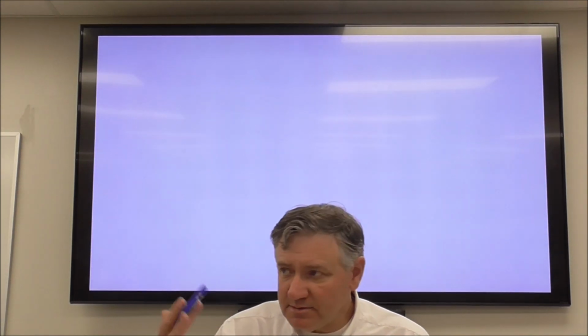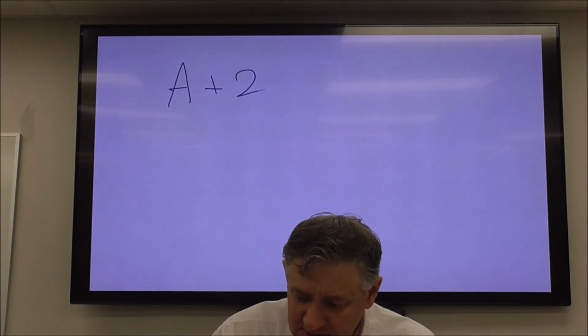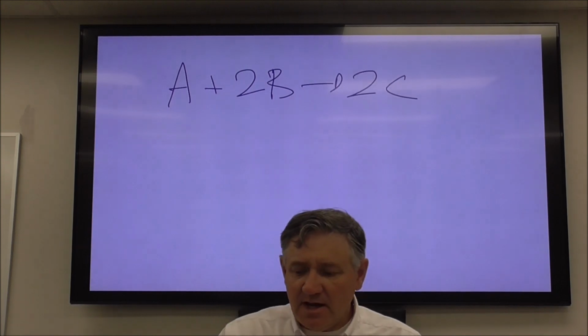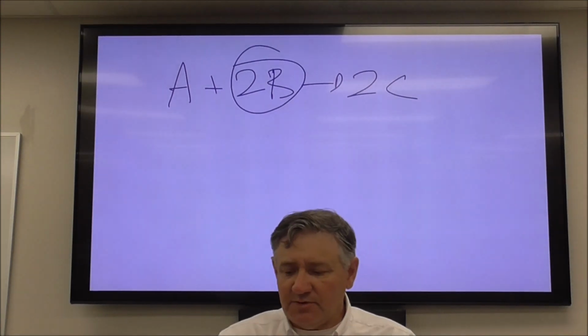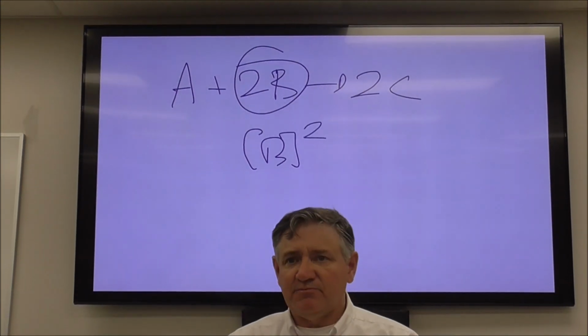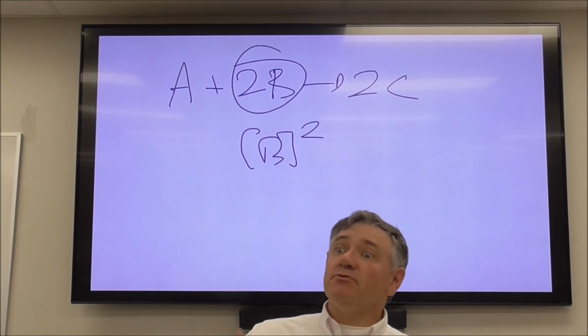Now, here's where you can't just look at the equation. If you look at A plus 2B yielding 2C, and all you saw was that, you would think this should be dependent upon the concentration of B squared, because there's a 2 in front of it.